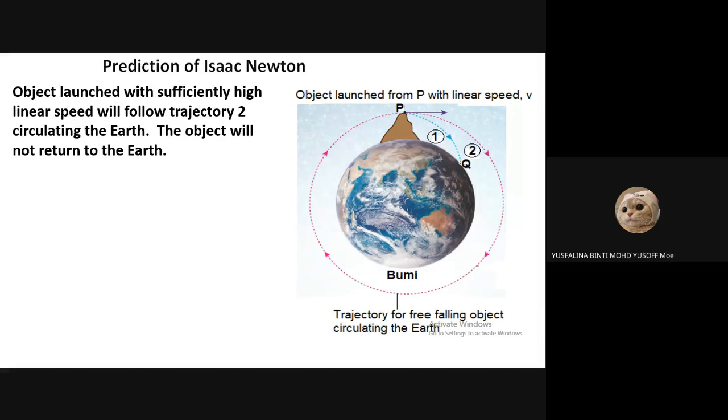If you use a low speed, it will come back to the Earth. So this is the prediction of Isaac Newton.